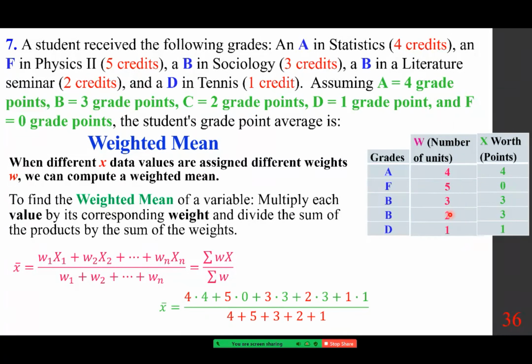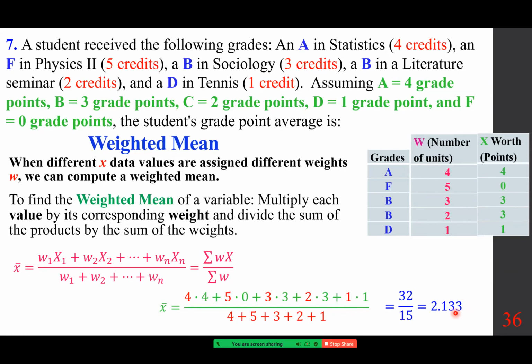So this column times this column divided by the sum of the weights, 32 over 15, 2.133. Normally we go with 2 decimals. I just wanted to show you more decimals just to be on the safe side.